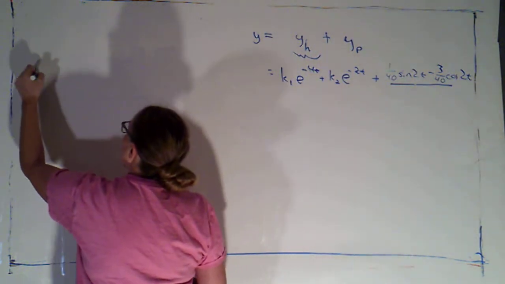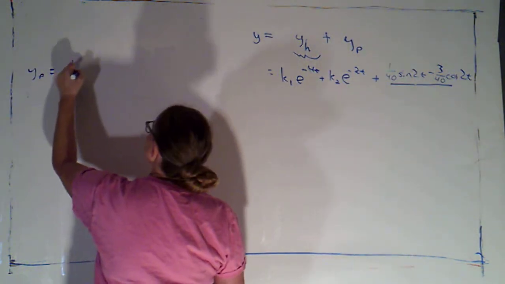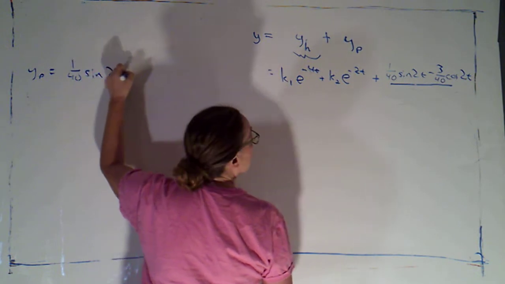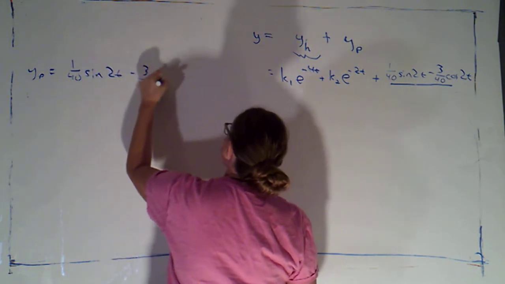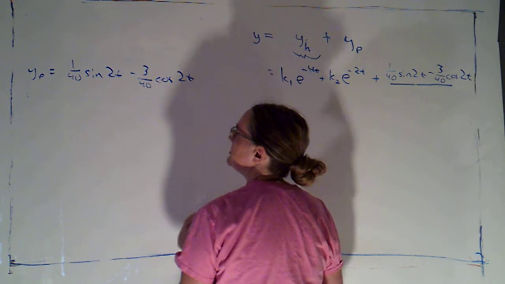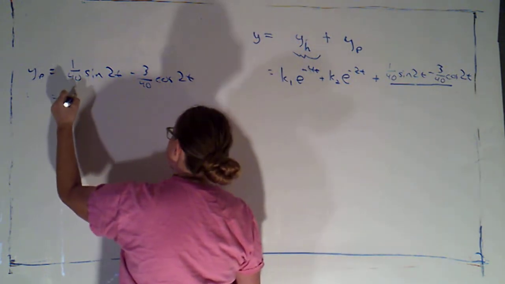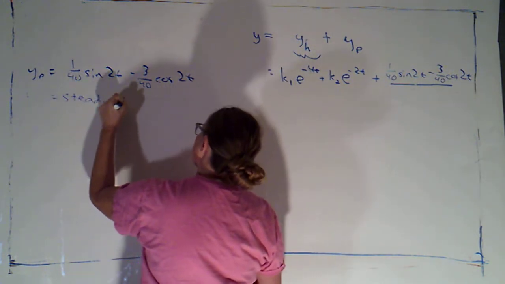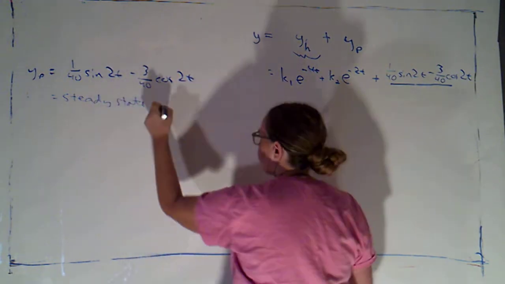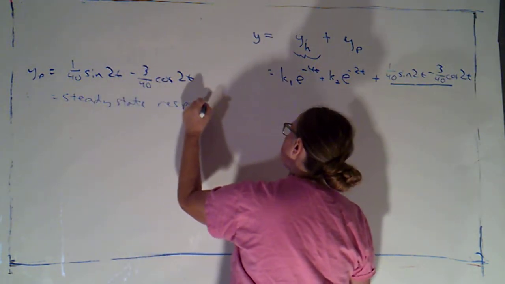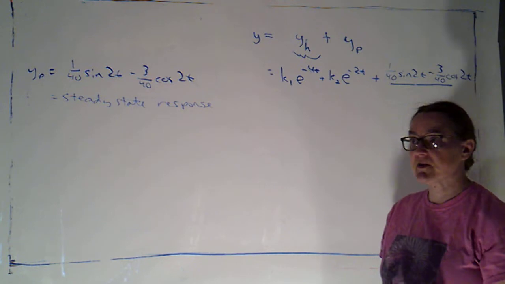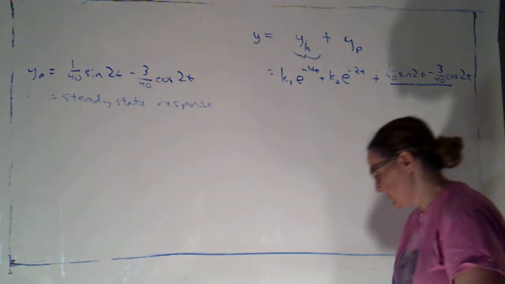So we've got yp, which is 1/40th sine of 2t minus 3/40 cosine of 2t. That's my steady state. You can call that my steady state response or my steady state solution. All solution curves approach that as time goes off to infinity.